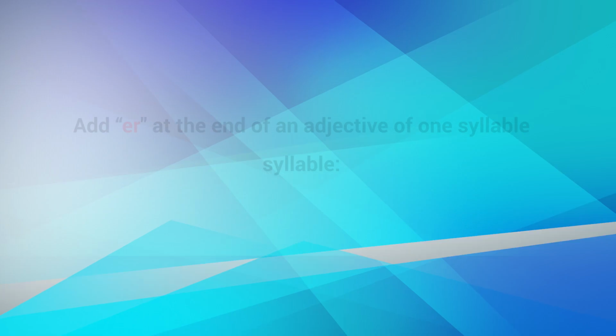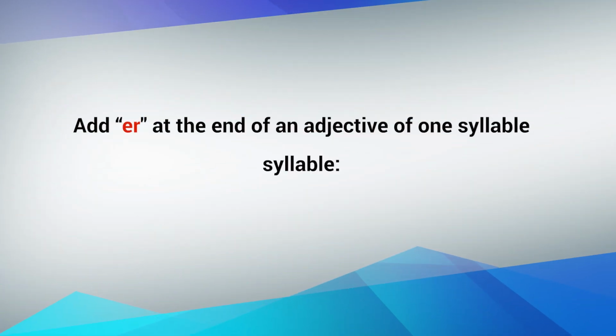You can do this by adding er at the end of an adjective if it is a one syllable word. A quick reminder of the meaning of a syllable, which is a part of the word that contains a single vowel sound and is pronounced as a unit.